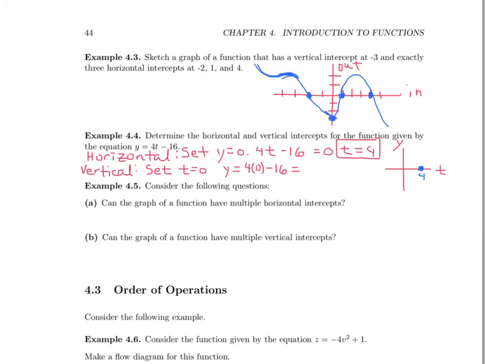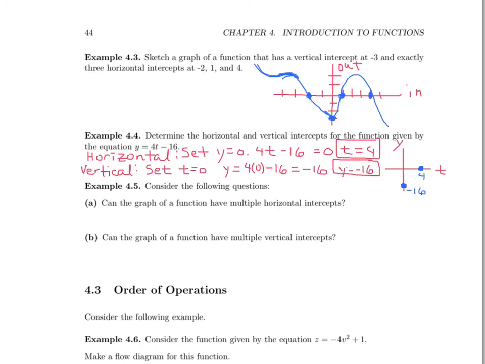If I work that out, I arrive at negative 16. So y equals negative 16 is the vertical intercept. In other words, if we were to draw the graph of this function, the graph would pass through the point (0, -16) on the plane.